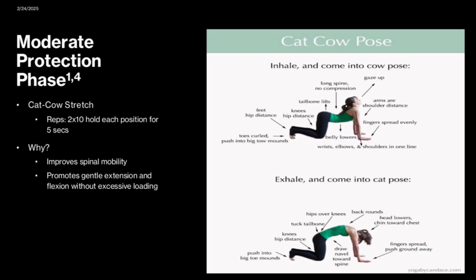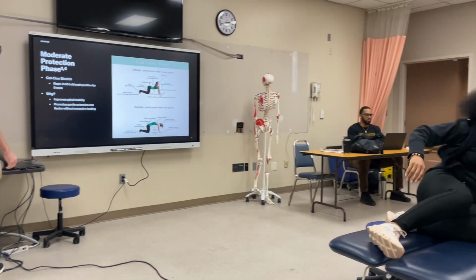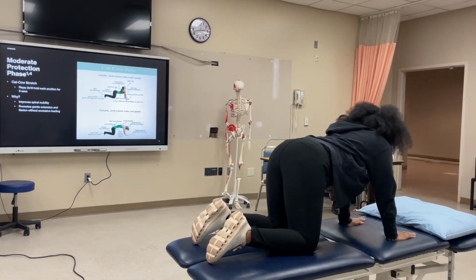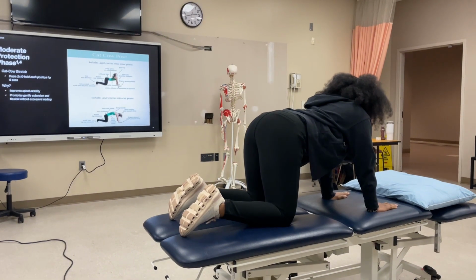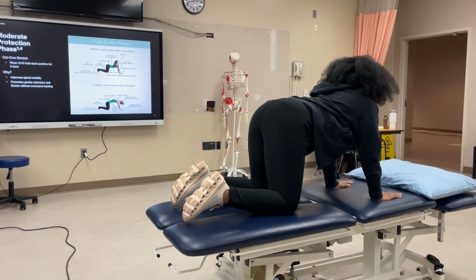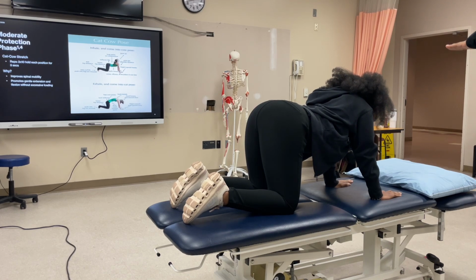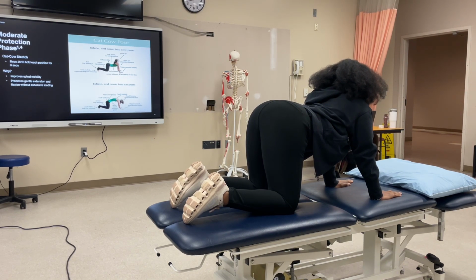Alright, for our next one, we're going to do the cat-cow. So you're going to have your patient on all fours. For the cow position, you're going to ask the patient to put an arch in their spine. So can you put an arch in your spine and lift your head up? And then you're going to have them hold that for about 5 seconds.